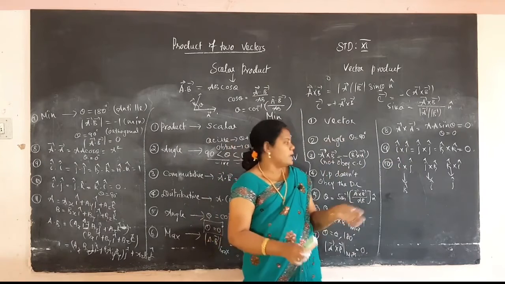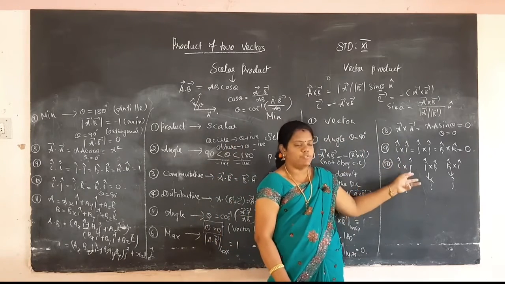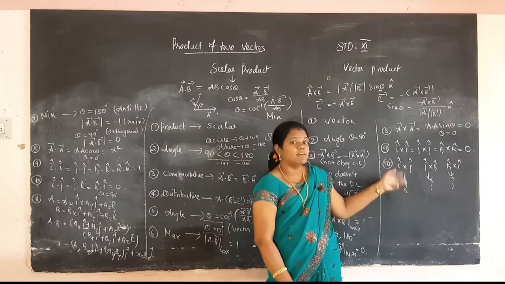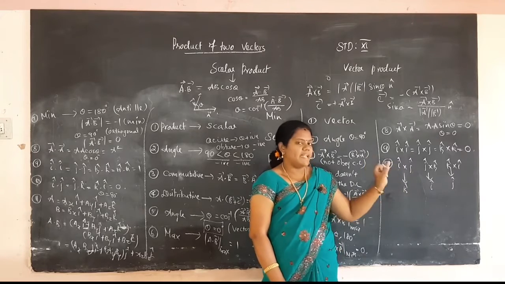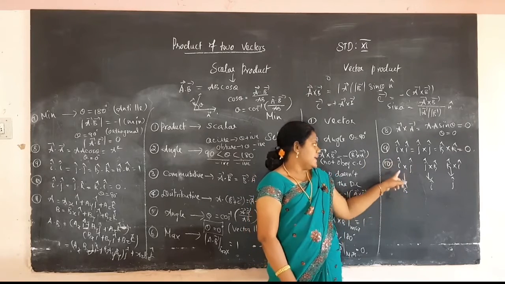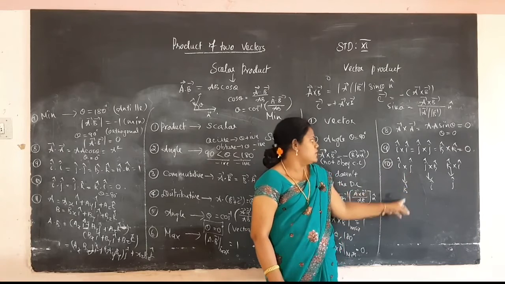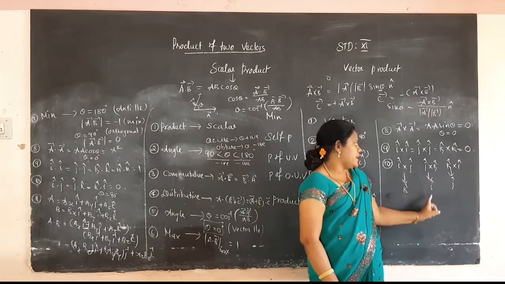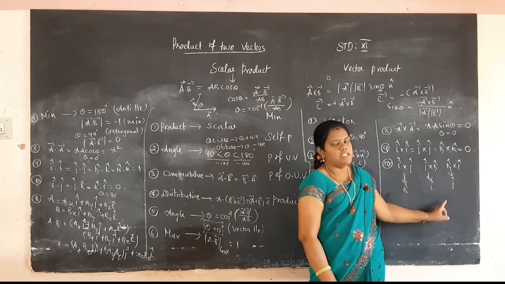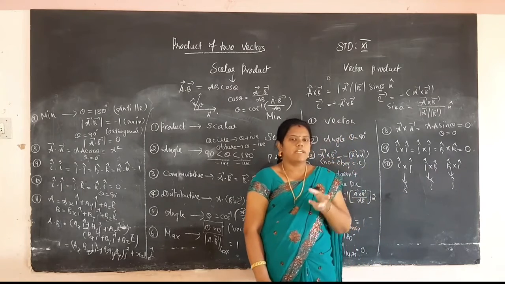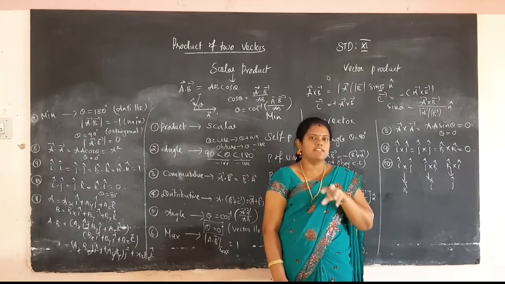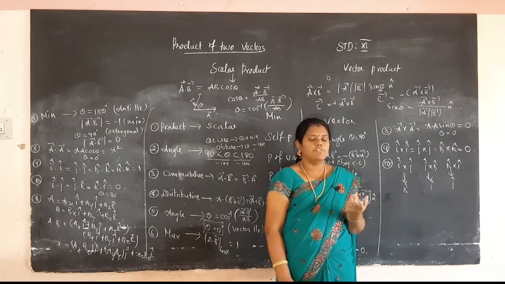So vector product of other two unit vectors will be giving the another third one of unit vector. அதாவது I J K தான் இருக்கு. I J நீங்கள் மல்டிப்ளை பண்ணிங்கன்னா K கிடைக்கும், J K மல்டிப்ளை பண்ணிங்கன்னா I கிடைக்கும், K I மல்டிப்ளை பண்ணிங்கன்னா J கிடைக்கும். Because the vector product of two orthogonal unit vectors will be giving the another third one of the unit vector.